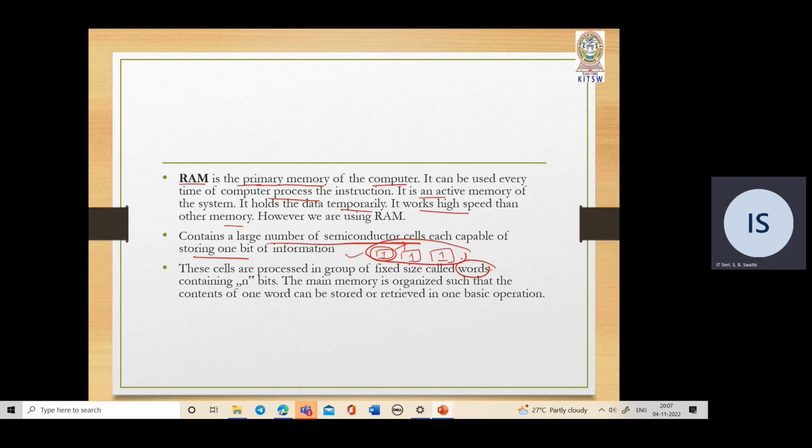It depends upon the processor how many bits will be considered as one word. And the main memory organizes all these words, which will be stored and retrieved with the help of some operations.